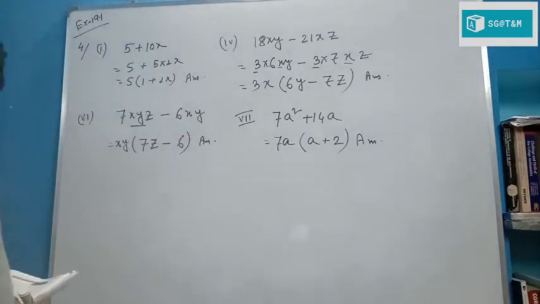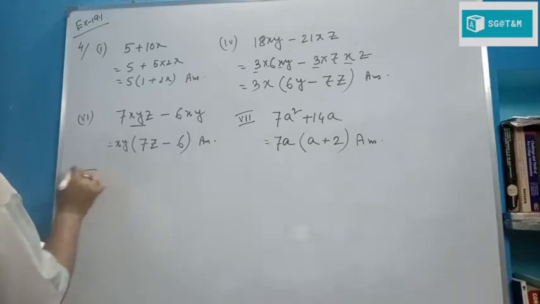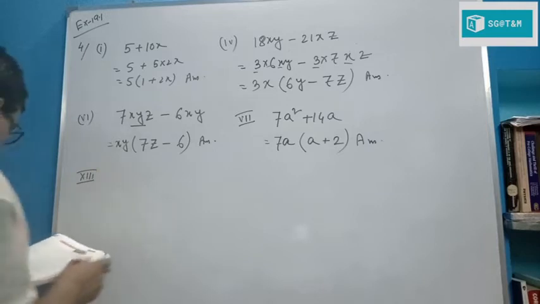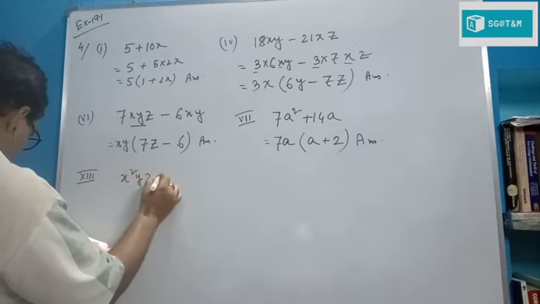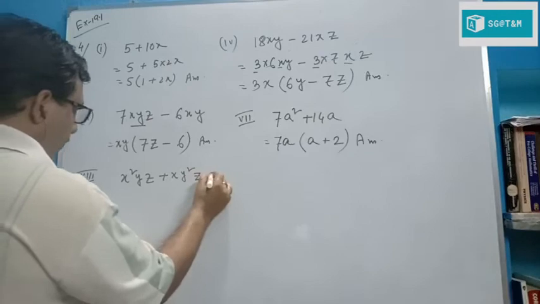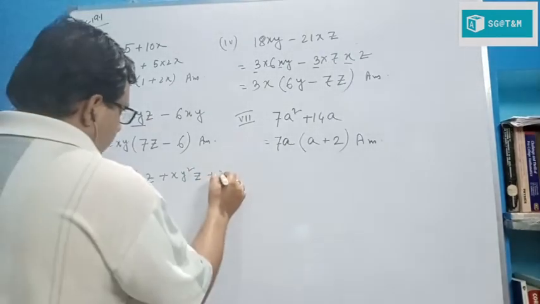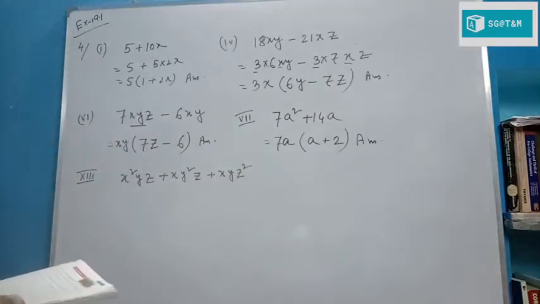Next, 13. It is x square yz plus xy square z plus xyz square.